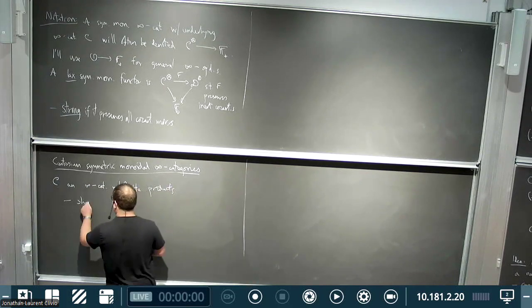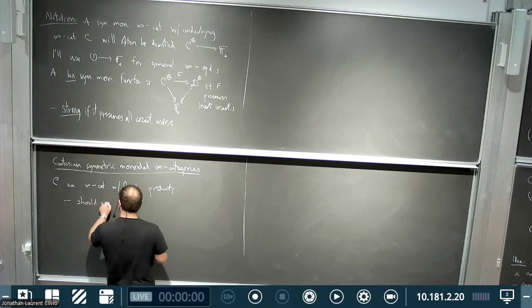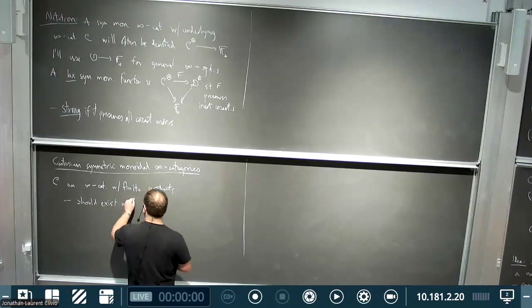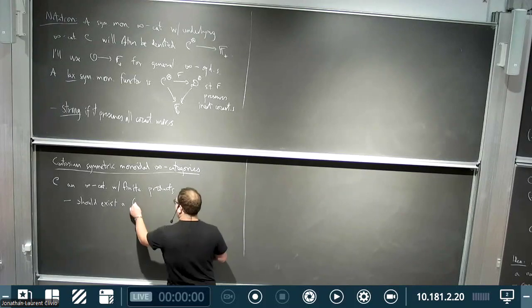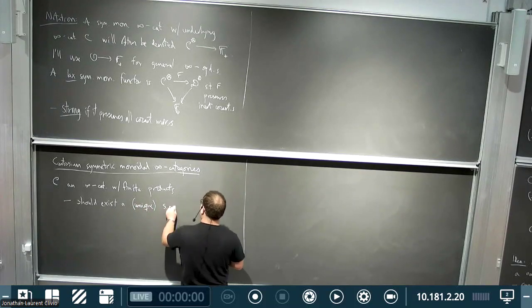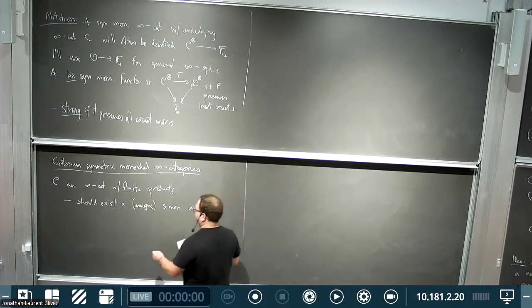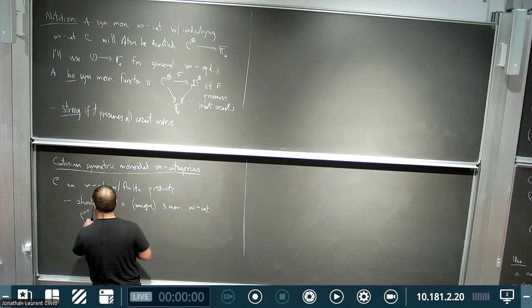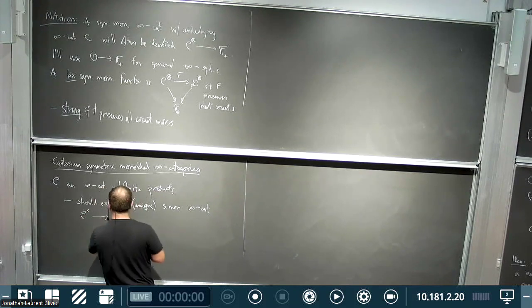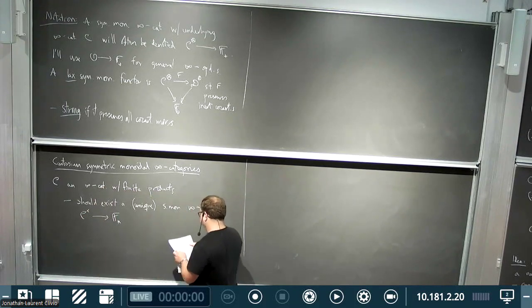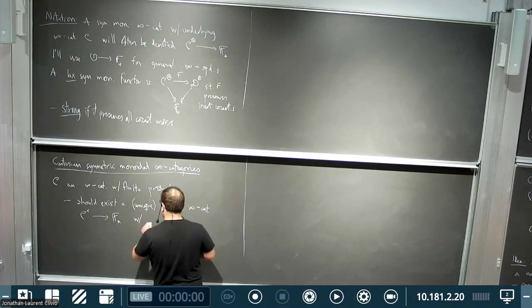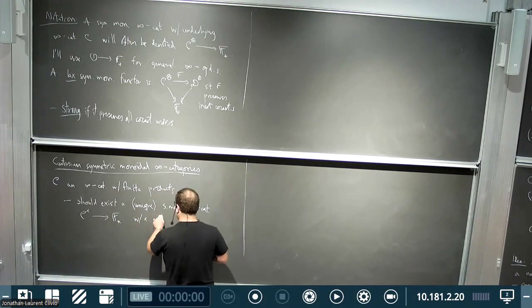So there should be a, in some sense unique, symmetric monoidal infinity category C cross, with the Cartesian product as the tensor.